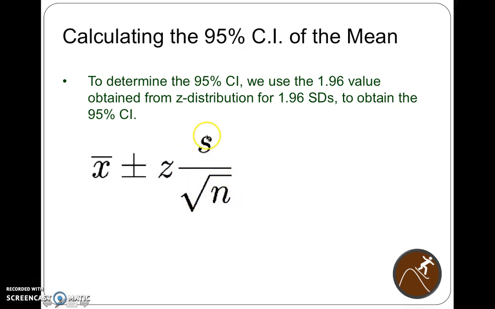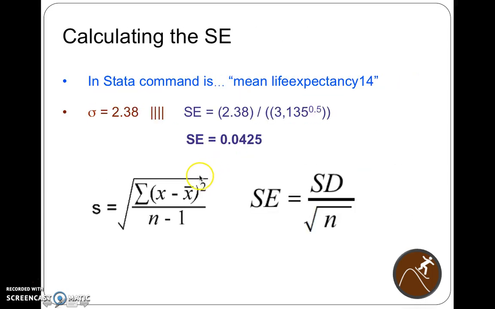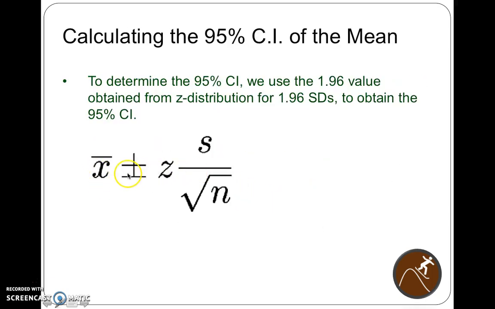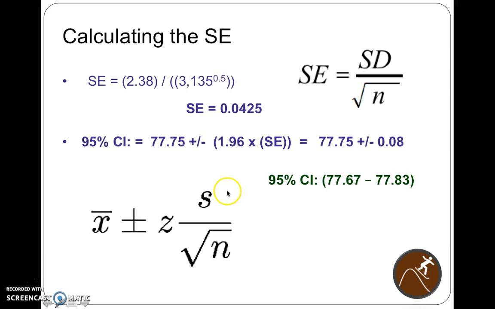All of this should look familiar. S over the square root of n, because S over the square root of n is also the standard error. So going back, the mean plus or minus 1.96 times the standard error.